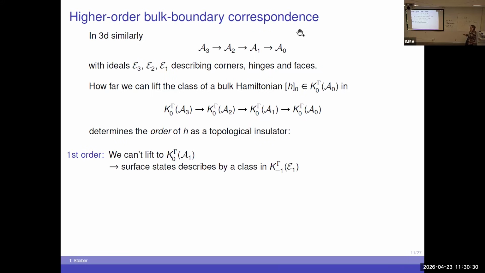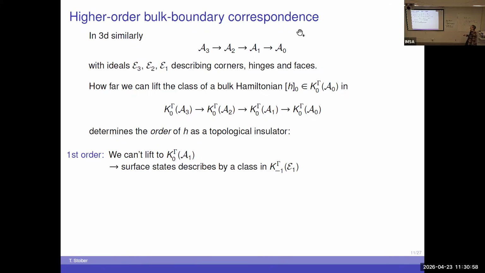So what this means is, for example, if we start with a bulk Hamiltonian and we can't even put this on a geometry which has any kind of surfaces, then what we found is that we have a first order topological insulator which has surface states described by some K-theory class. So basically, when we get stuck at the first stage, then our surface states live in this K group of the surface algebra.